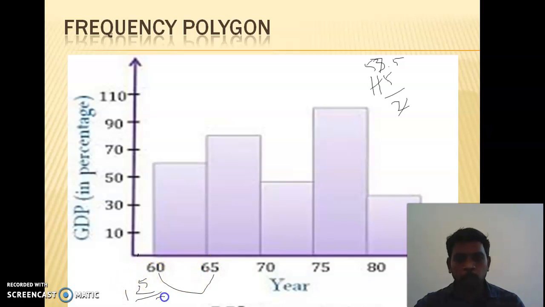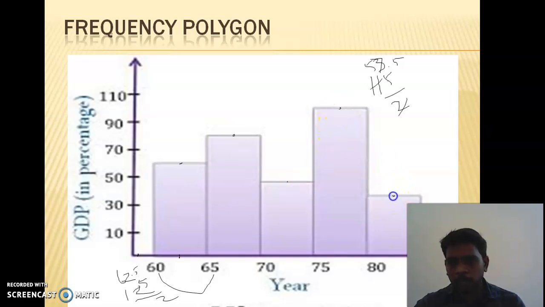If you divide it by 2, what will happen? 6 twos are 12, 2 twos are 4 and 5 twos are 10. So 62.5. So the middle is 62.5. You can mark that on the bar. That is the middle of the bar. And similarly here also note down the middle of the bar. Similarly here also the middle of the bar. And here also the middle of the bar.